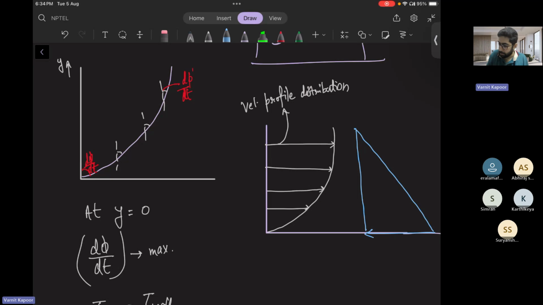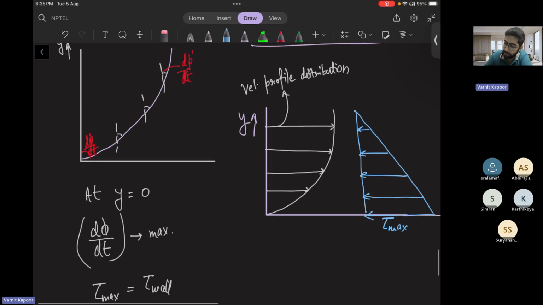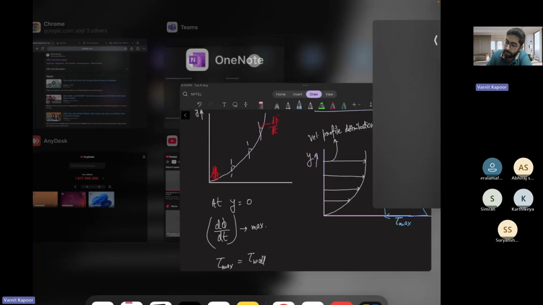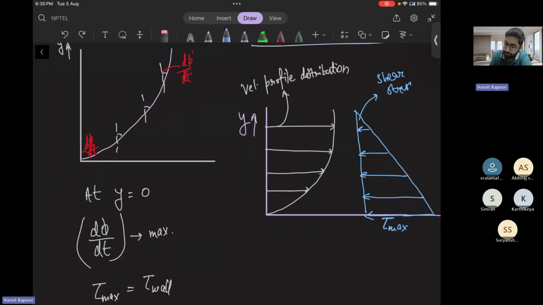At the wall it is maximum, then it goes on decreasing. So this is your shear stress profile, and this is your y direction. Shear stress tau is maximum at the wall.